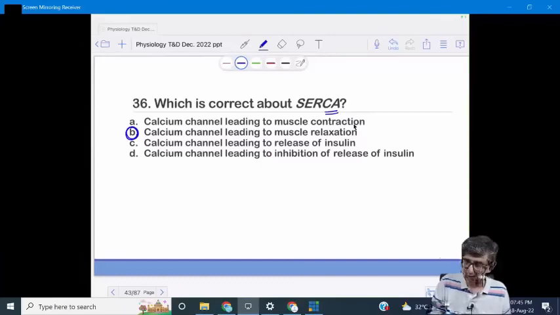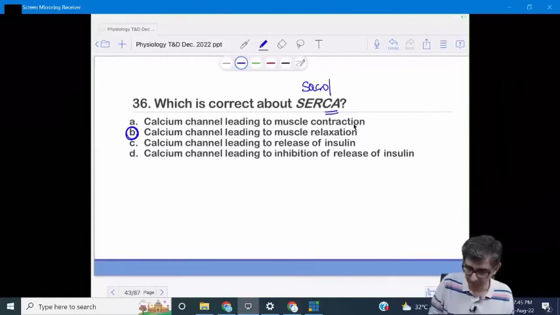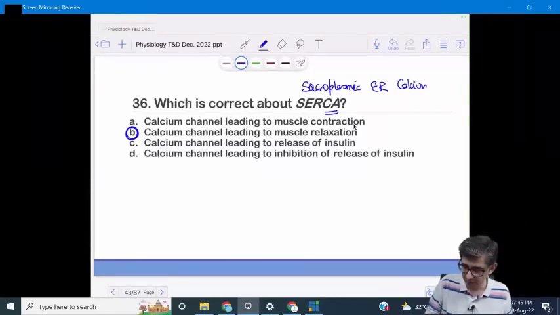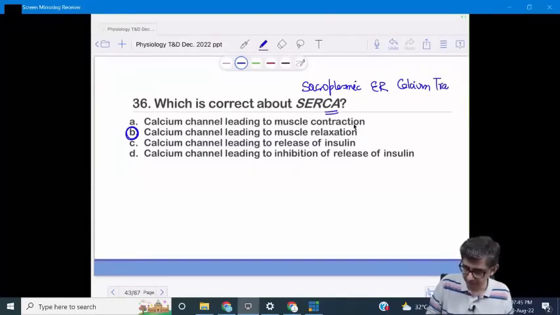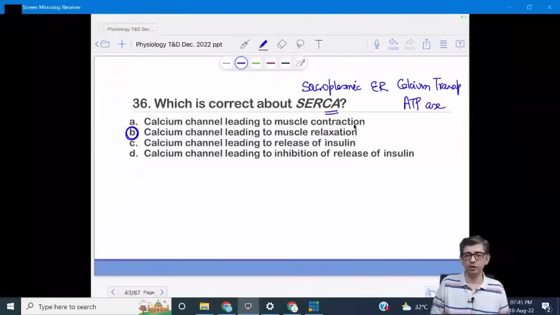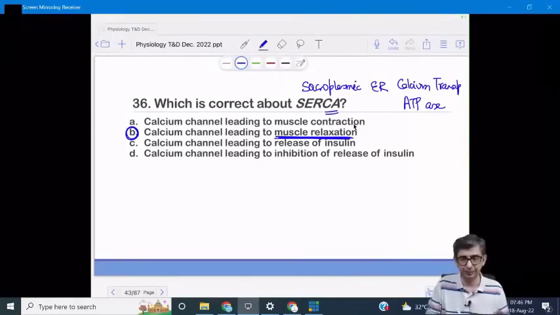This would be sarcoplasmic. Okay, let me just write it here. So sarcoplasmic endoplasmic reticulum calcium transport ATPase. The main function of this would be not a contraction, but is mainly related to muscle relaxation. That's the main point to be remembered. Answer to 36 is B.